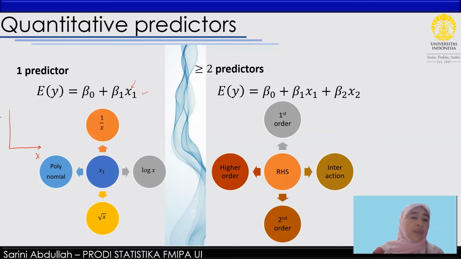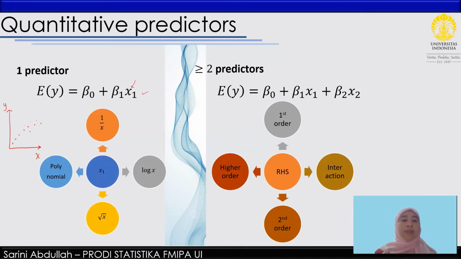So we have our predictor here, we have our response variable here on the y-axis, and then you do some plots of your data. So for example, if you plot your data and you get this kind of pattern, then it clearly shows us that it is a curvature instead of a straight line model.